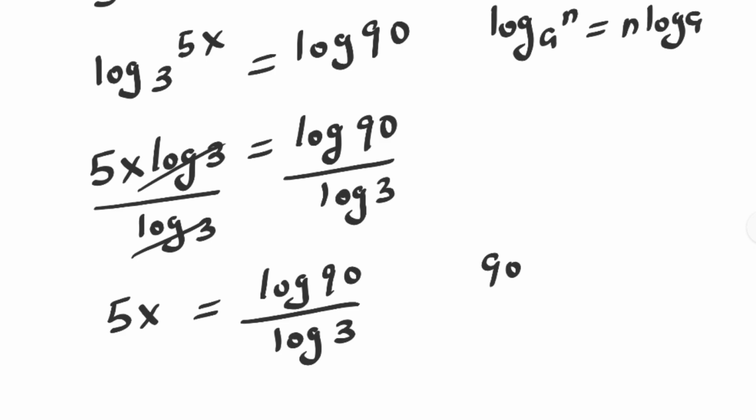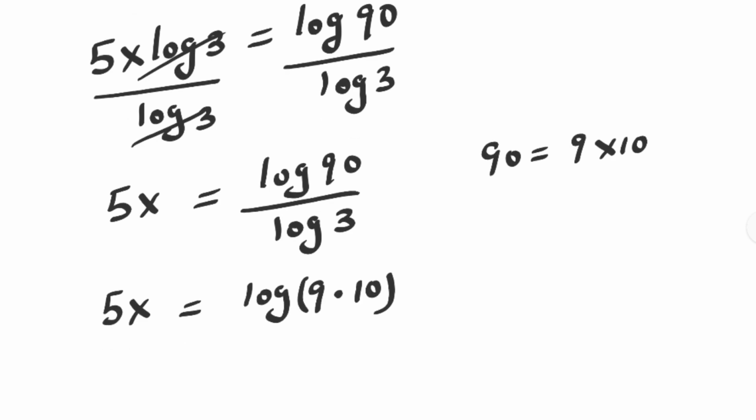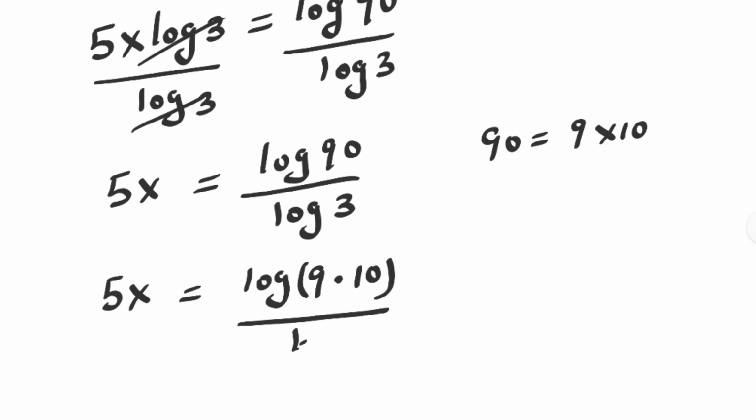But 90 is equal to 9 multiplied by 10. 5x is equal to log 9 multiplied by 10 divided by log 3.